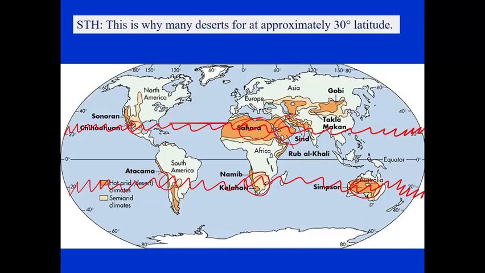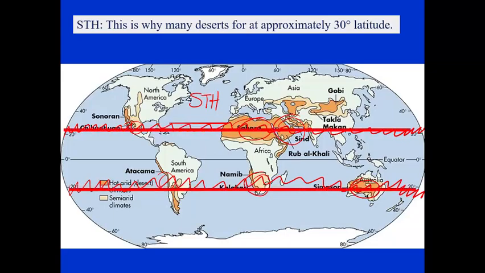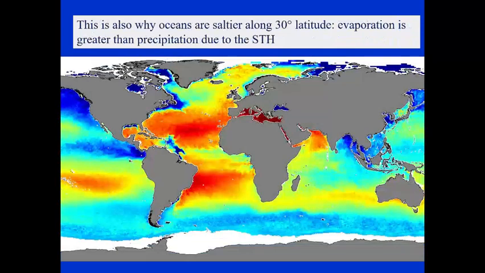All of these are what are called subtropical high deserts. So STH. STH stands for subtropical high. The subtropical high is the area of high pressure that prevails around 20 to 30 degrees north-south, that causes high pressure, descending air, and creates hot, dry conditions.